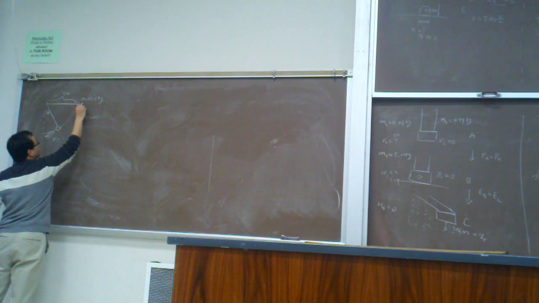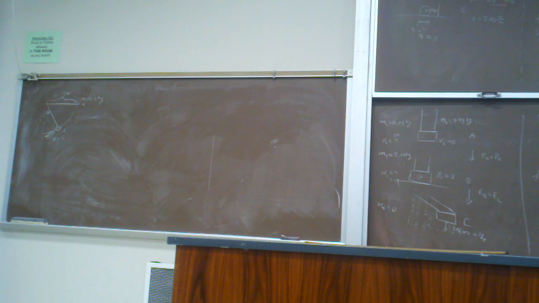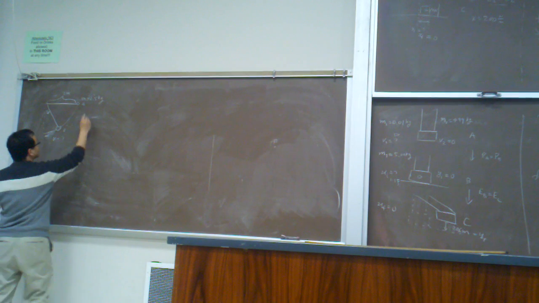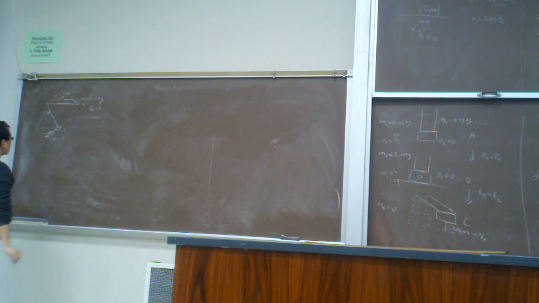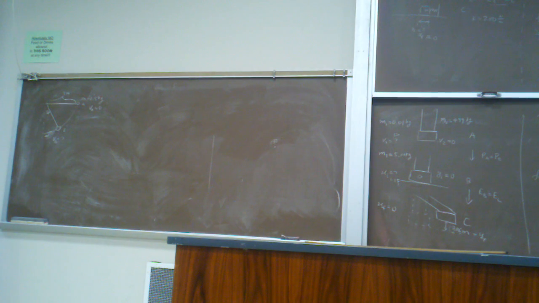This is our initial state A. This is our final state B. So, of course, we know some quantity here. What do we know about velocity here? 0. So let's call it VA equals 0. And VB, of course, that's the quantity we want to find. The velocity at this point.